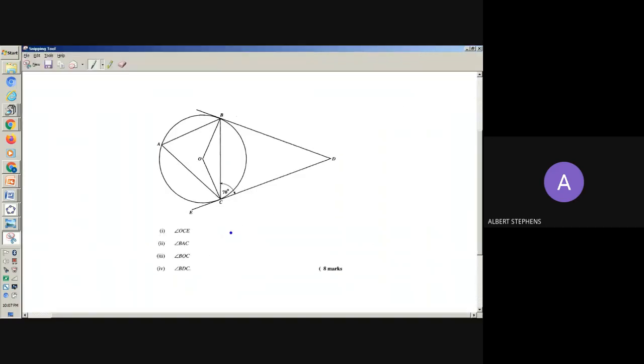All right, it says find angle OCE. Where's OCE? Look carefully, class. You start at O, then you go to C. By the way, what is an angle? What's the definition for an angle? When two lines meet, they form a what?